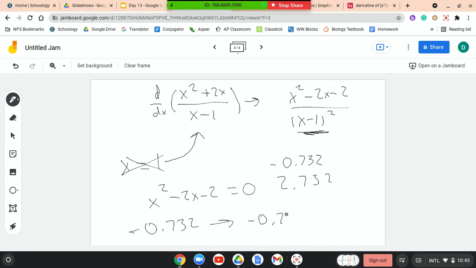I plug in negative 0.731 into the derivative and figure out what sign it is, negative or positive. Then I plug in negative 0.733 and figure out what sign it is. I'm taking 2 numbers really close to the critical point on either side and seeing if there's a sign change. And if there is, then I know there's a maximum or minimum. So that's the process we'd follow. We take numbers really close to our critical points and see if there's a sign change. If there is, then we have a maximum or minimum. We just have to identify it.